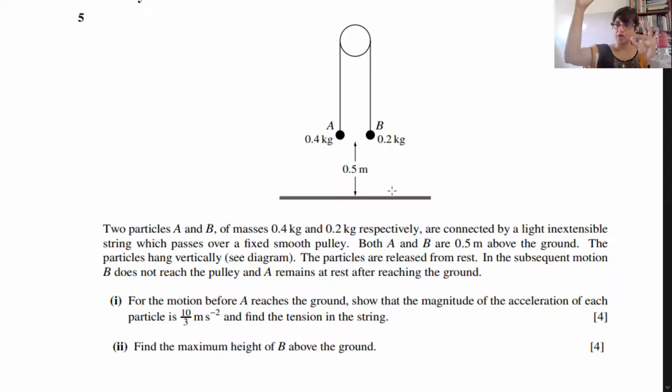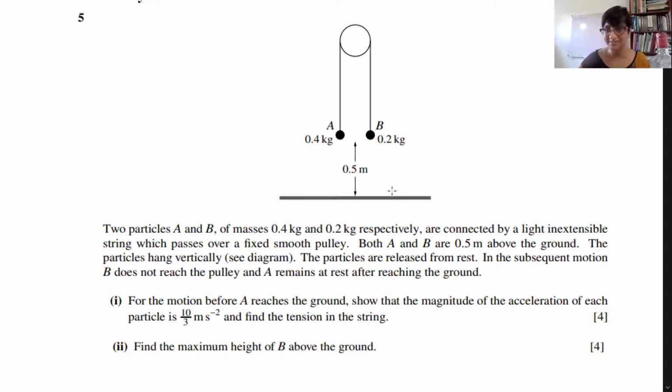And then from that point onwards, B moves under gravity. It goes up and comes down. It's like you threw something up, that motion. So you will have to find the maximum height of B. It's going to be 0.5, that is how far it was above the ground first, plus another 0.5 that it moved up, plus that little distance it will go up under gravity.